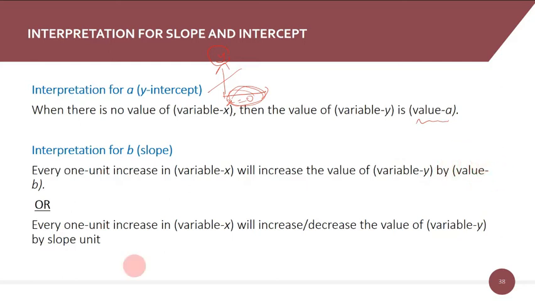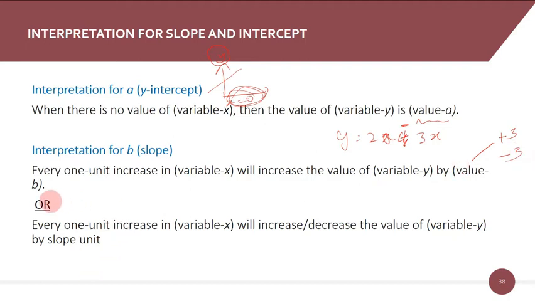The value of the slope can be either positive or negative. Let's say you have y equal to 20 plus 3x. So the value here should be positive 3. If you have a negative here, then the value is negative 3.